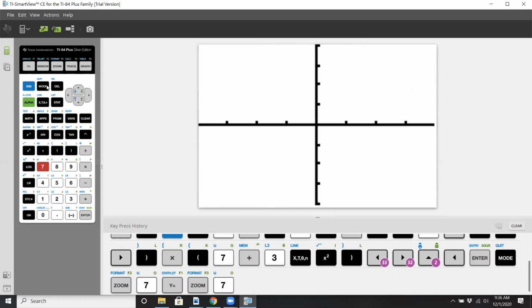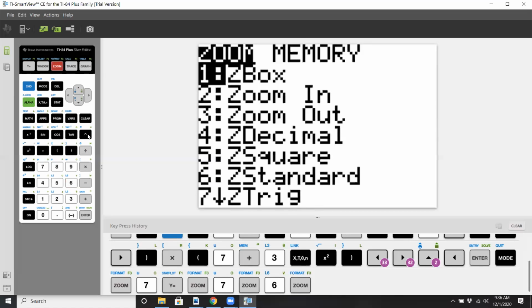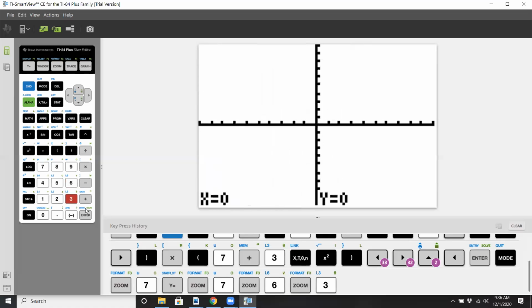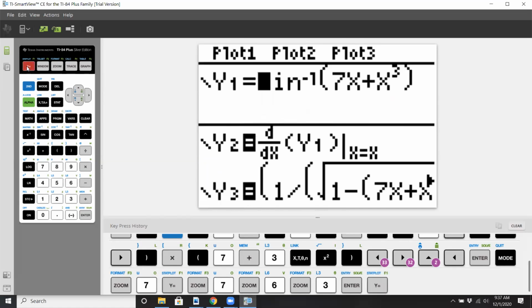No? Let's go standard. Okay. Let's zoom out again. Okay, I don't understand why I'm not seeing anything here. Maybe I have to make it tighter.